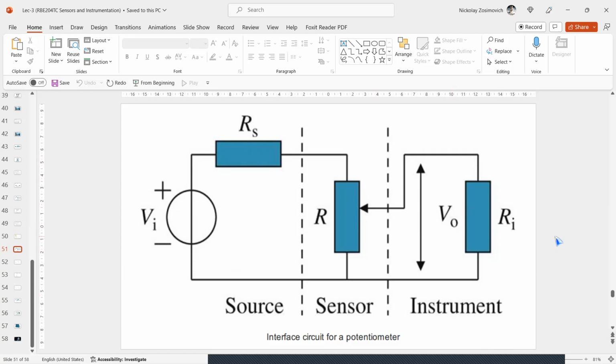Ideally, the voltage transfer V0 over VI equals VR. Due to the presence of a source resistance and the load resistance, the transfer might differ from VR, and we will calculate the error introduced by both these effects.